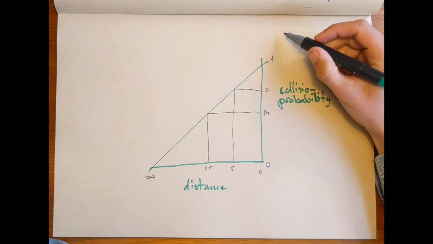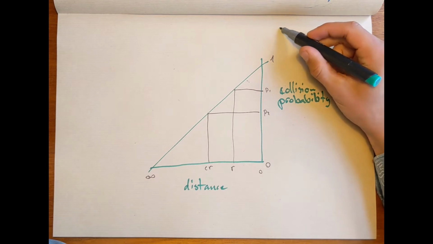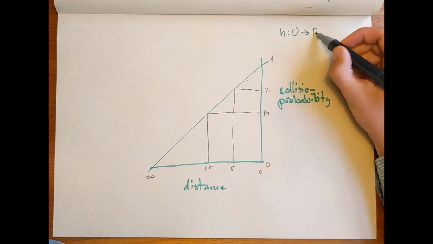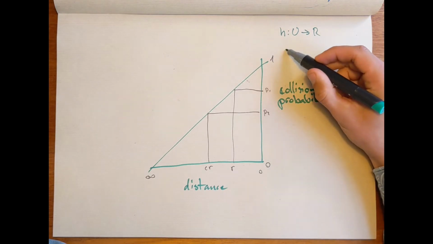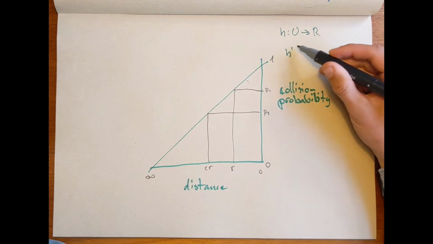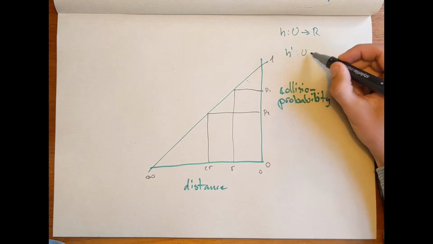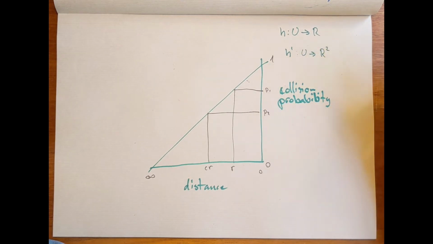And the way you amplify a hash function is you started out by having this hash function that went from some universe to some range. Now you instead create a hash function, let's call it h', that goes from the universe to the squared range.